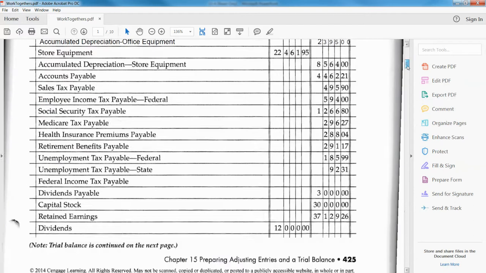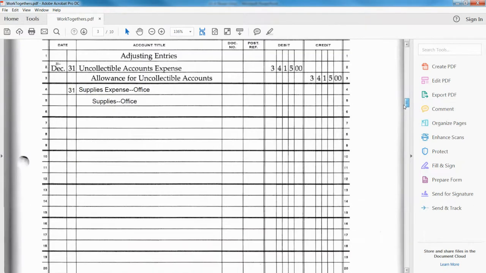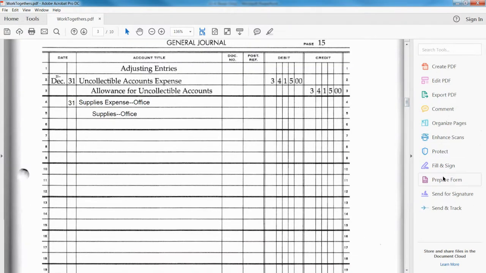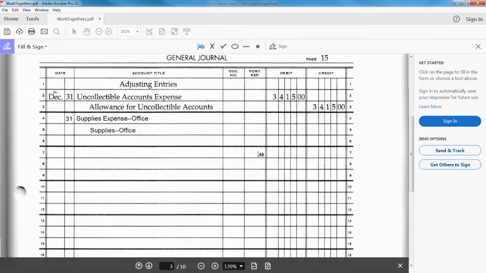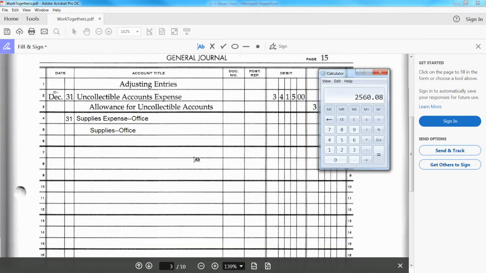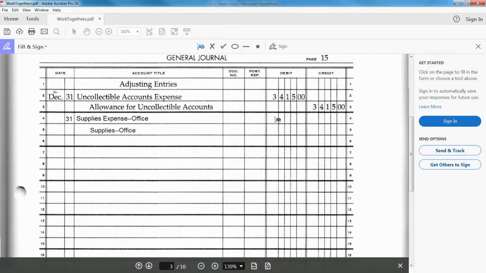So that is what we are going to put in our adjusting entry.